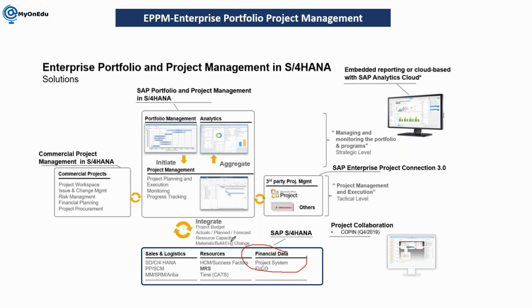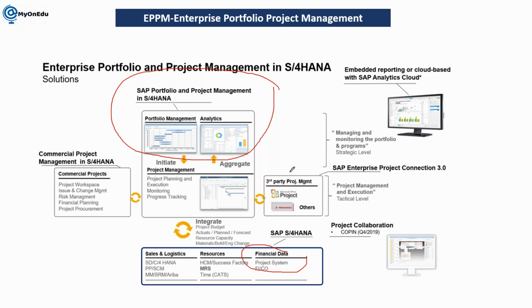On top of that, before S4HANA 1509, when it was introduced, we used to have another module called xRPM and another module, cProjects. That was changed into PPM, Portfolio and Project Management. This PPM was helping us manage our portfolio and internal project resources.